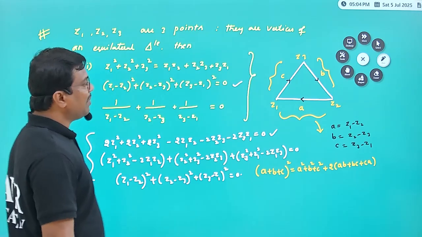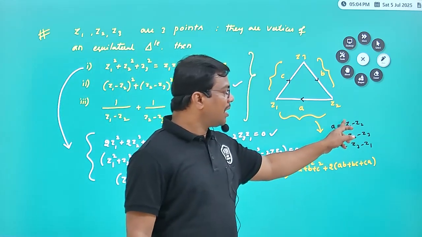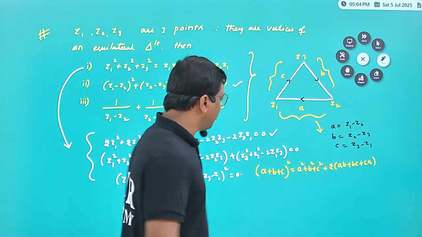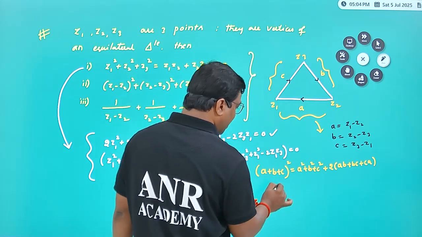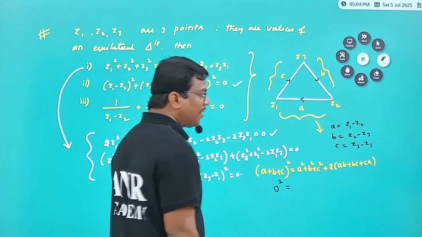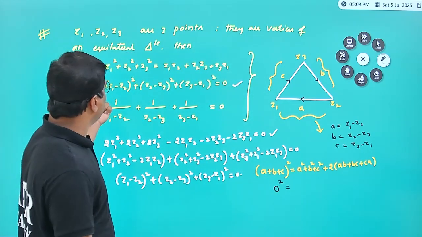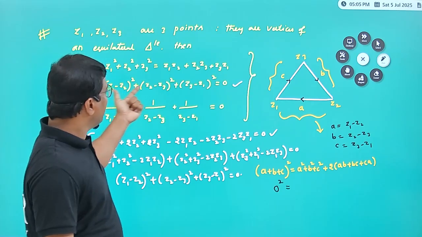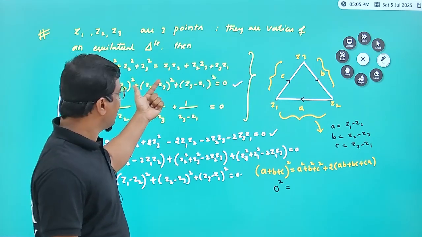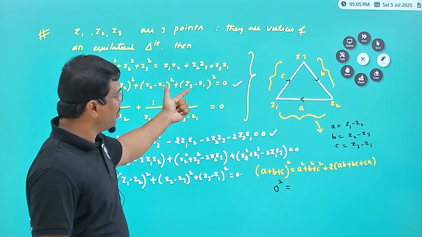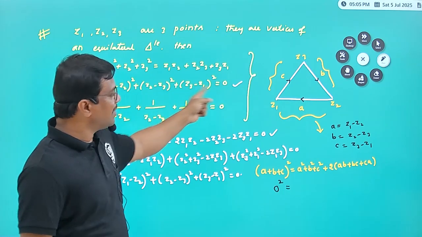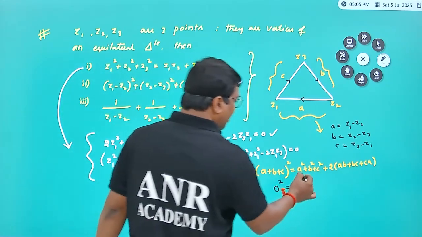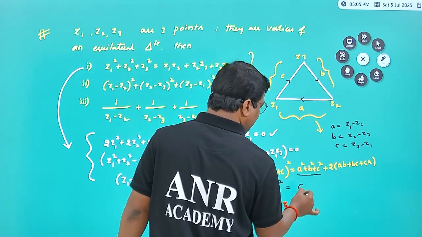See, a plus b plus c, what happens on adding all these, we will get 0. So 0 square equal to, next a square is nothing but (z1 minus z2) whole square, b square nothing but (z2 minus z3) whole square, c square (z3 minus z1) whole square. So you have second result 0, so that this one written as 0.